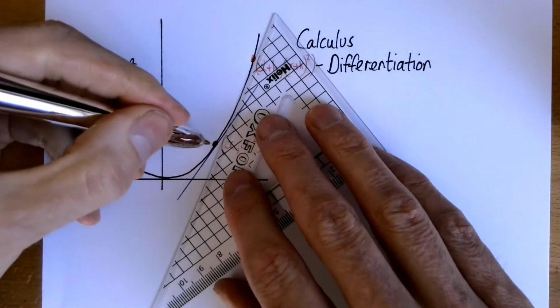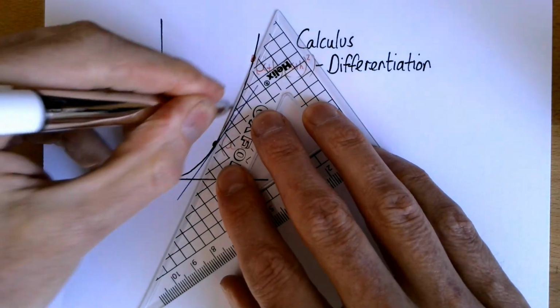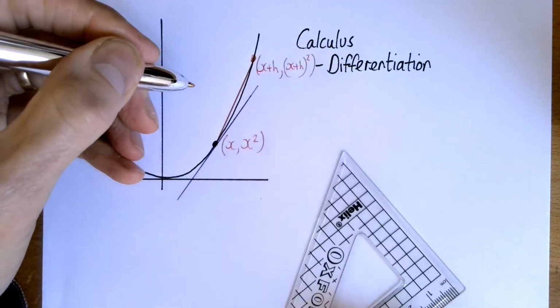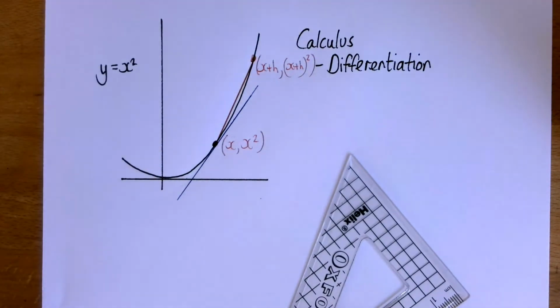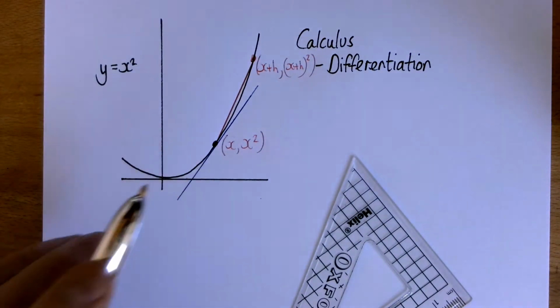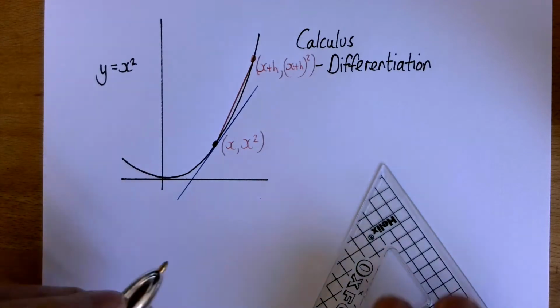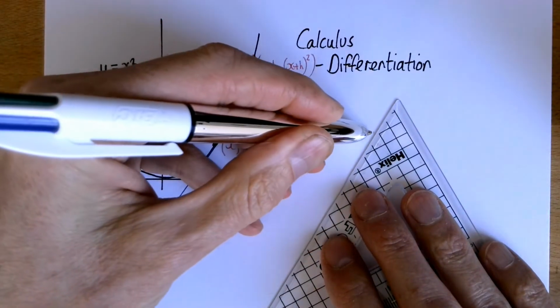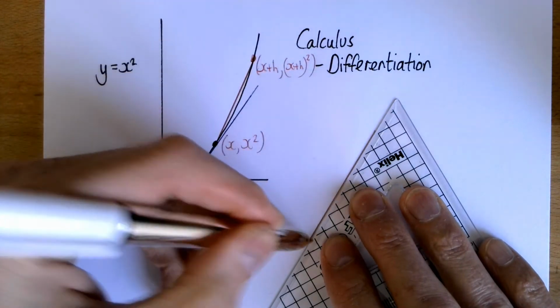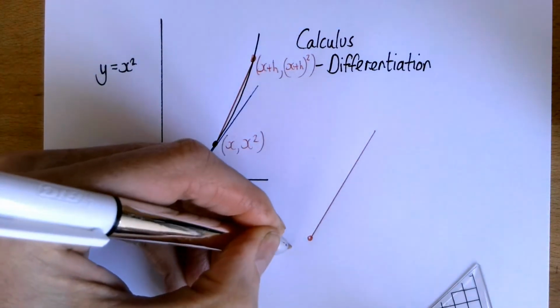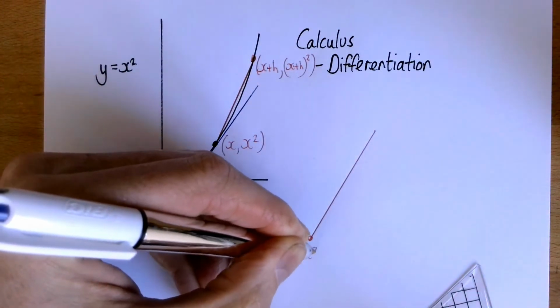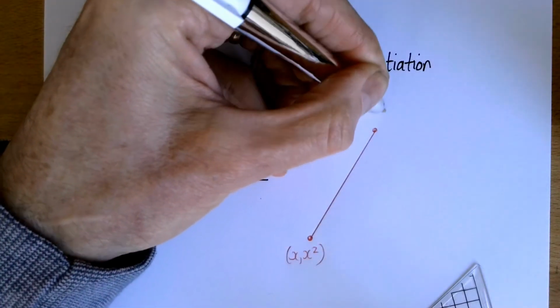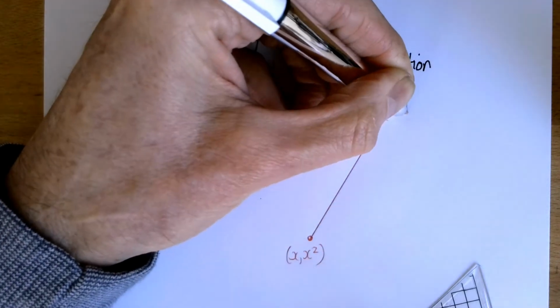And what I can do is join those 2 points up, and I can work out the gradient of that red line. It's not a million miles different from the gradient of the blue line. I'm going to redraw my red line here, without the curve, just so we can see it a bit more clearly. So this point is x squared, and this point here is x plus h squared.